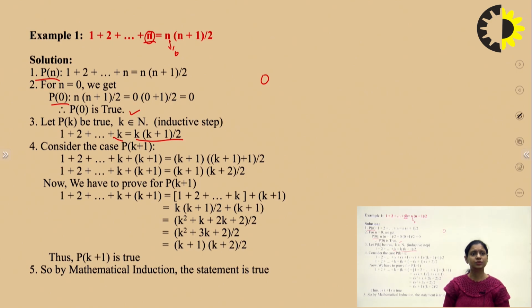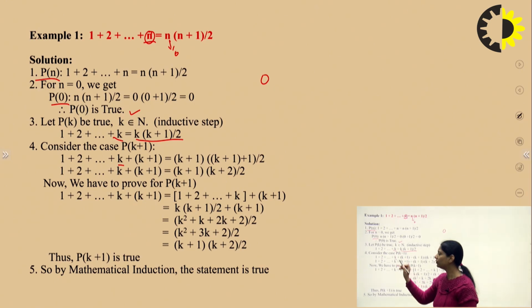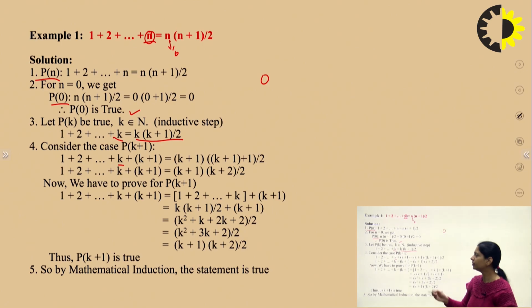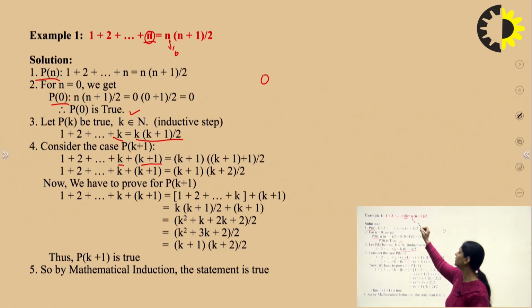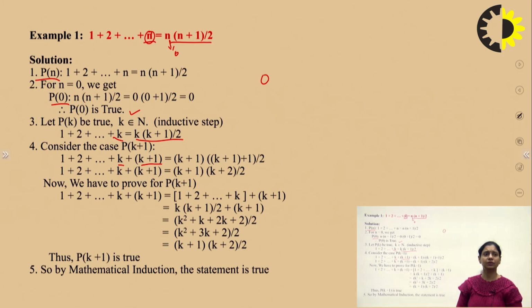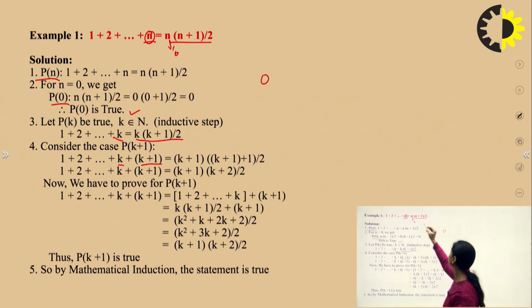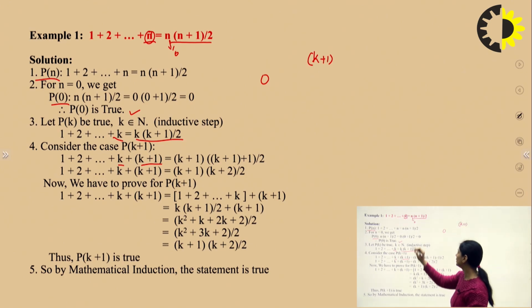Now the next step is to prove for Pk plus 1. What we need to prove is that, till k was already there, we'll add one more term, k plus 1. So on the left hand side we get 1 plus 2 till k plus 1, and on the right hand side, where it was k into k plus 1 by 2 under the hypothesis of Pk, we replace each k by k plus 1.